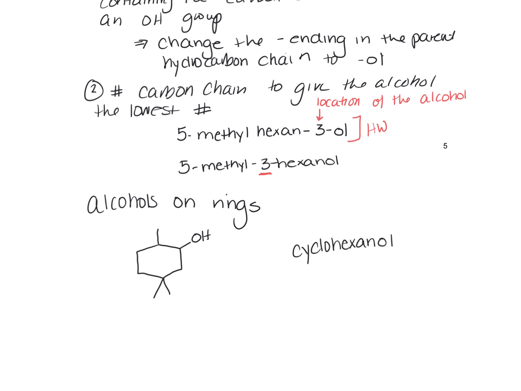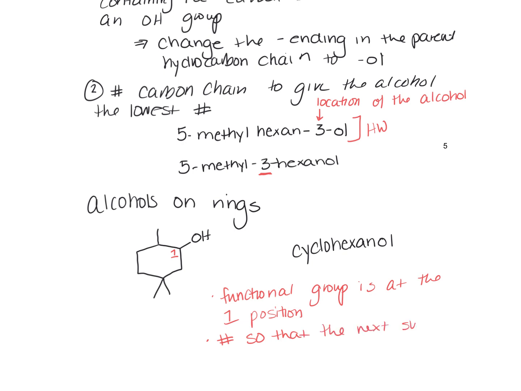With a ring, you put the functional group at 1. So the functional group is at the 1 position. Then you need to number so that the next substituent has the lowest number.